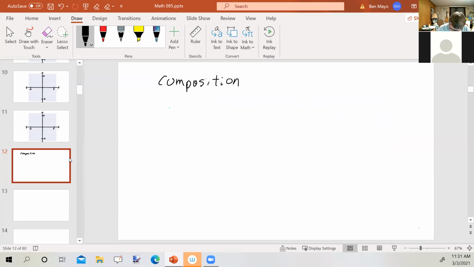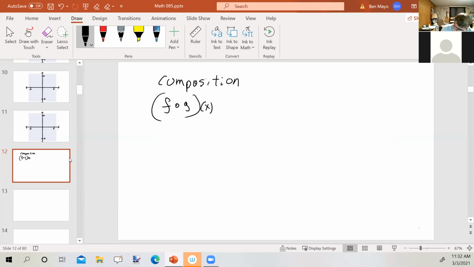Now, the notation for the operation composition looks kind of like a circle. So let's say we're going to take F composed with G of X. It looks like fog, but it's actually F, then that little circle means composition. How does composition work? You start on the inside and work to the outside, or I should say you start at the right and work to the left.